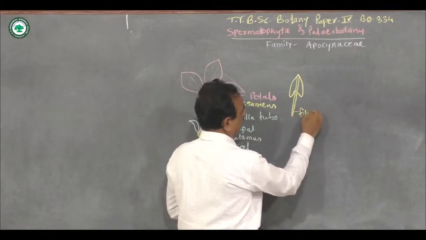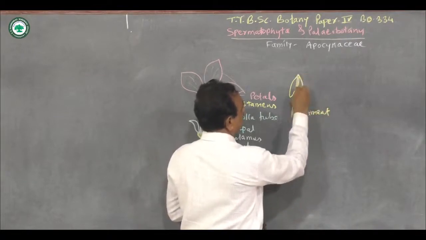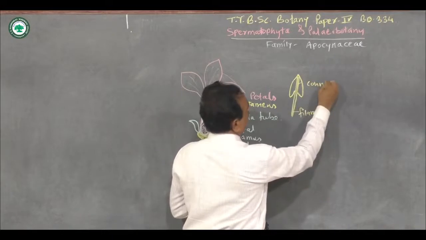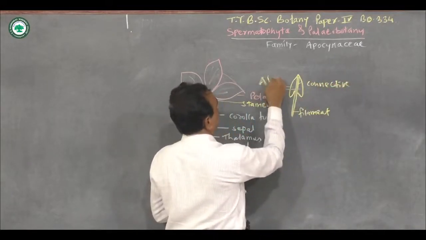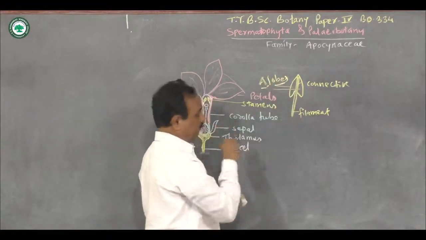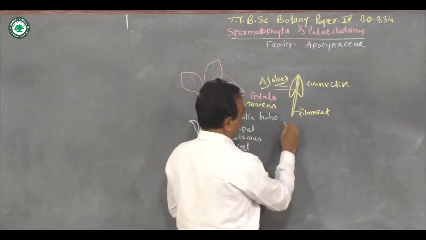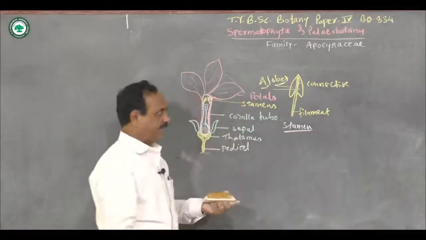So this is the filament. This is the connective. And these are the two anther lobes. So this is the structure of the stamen, a typical stamen present in the family Apocynaceae.